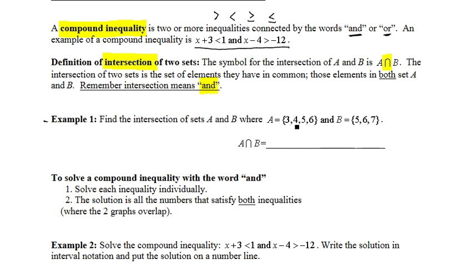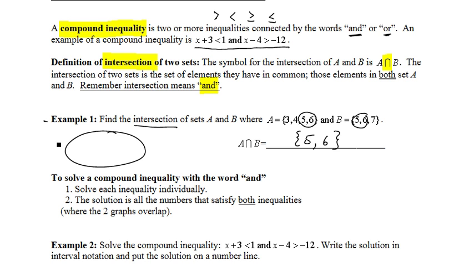Example 1 says, what if set A were the numbers 3, 4, 5, and 6? What if set B was 5, 6, and 7? Where do they intersect? So A and B both have 5 and 6 in them, so they intersect at the numbers 5 and 6. Union's going to be completely different, but intersection is where they intersect one another.